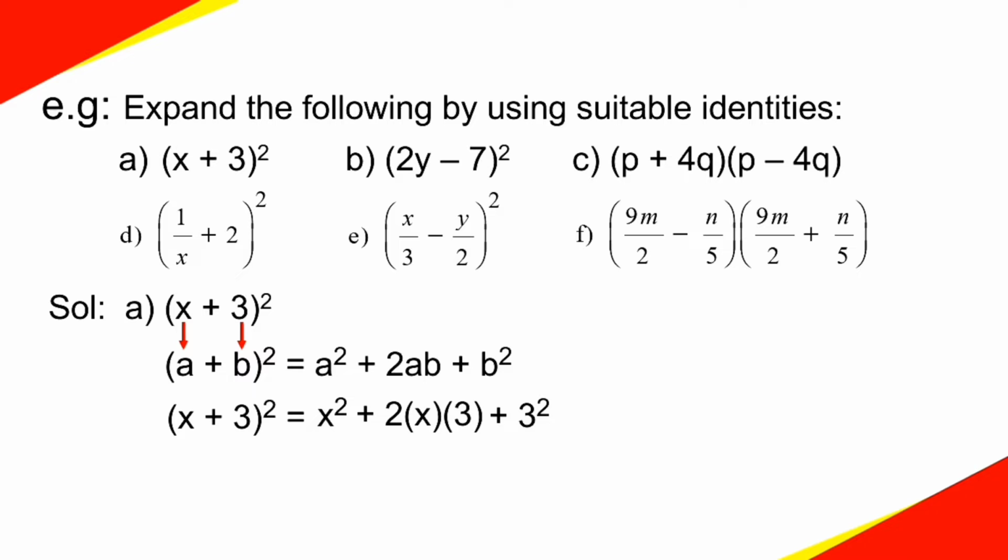Now what we can get? Right, x² plus 2 3s are 6x plus 3², in the sense 3 into 3, 3 3s are 9. So what we got the equation? x² + 6x + 9. Okay.